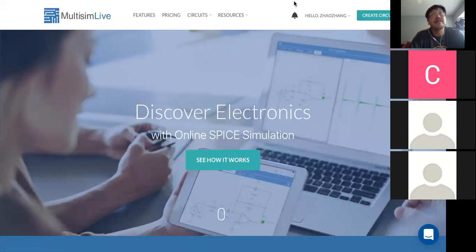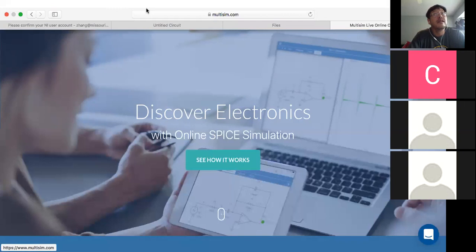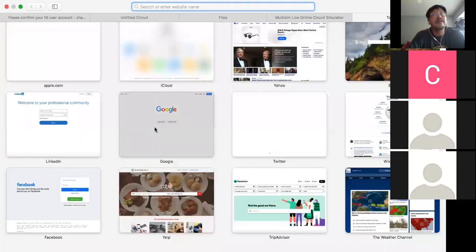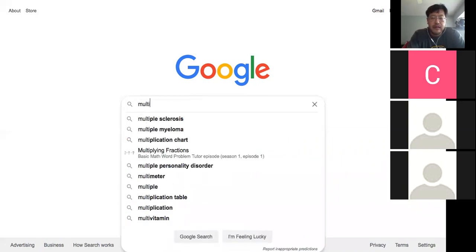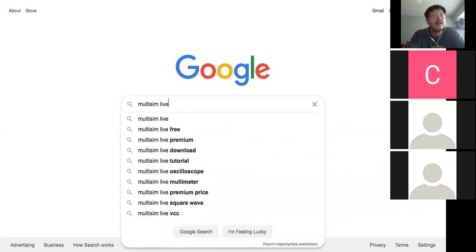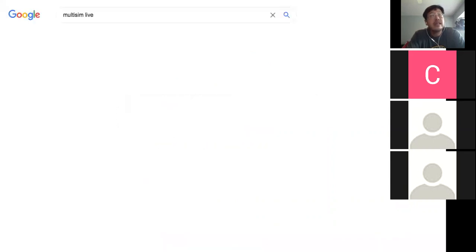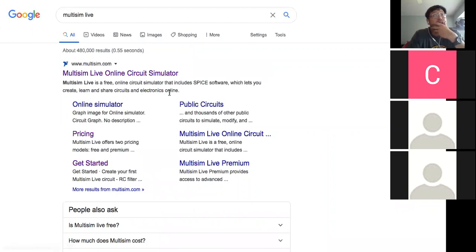So what you need to do is a Google search on Multisim Live. Basically you go there and register for a free account. Once you register for a free account, you are all set for this week's lab session.